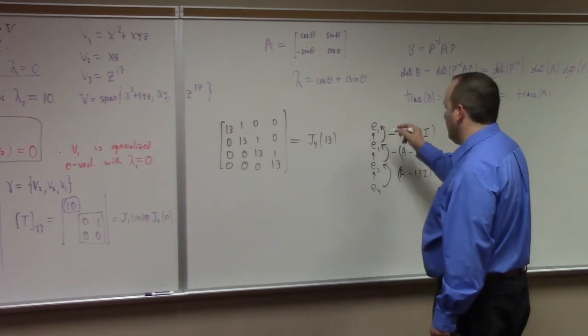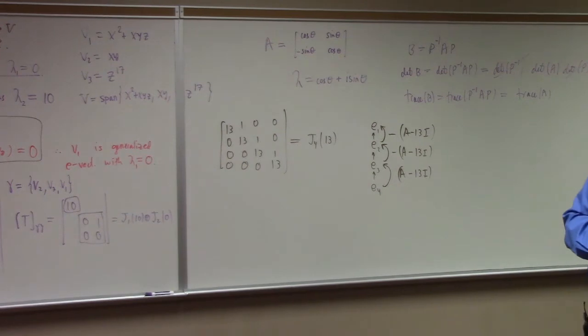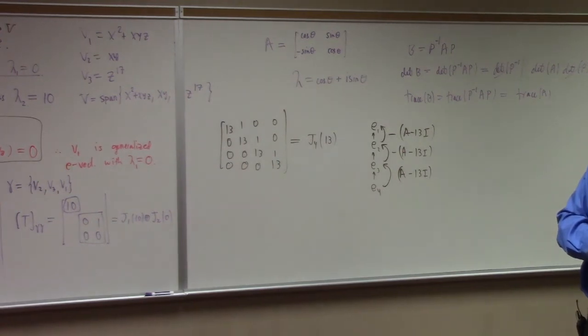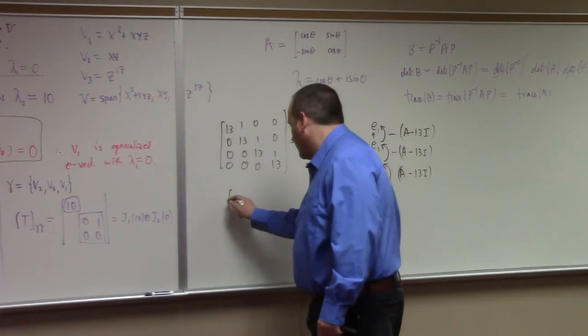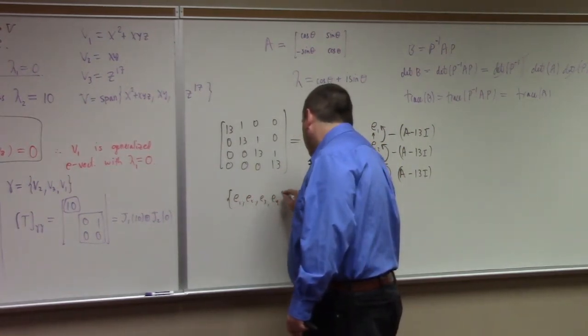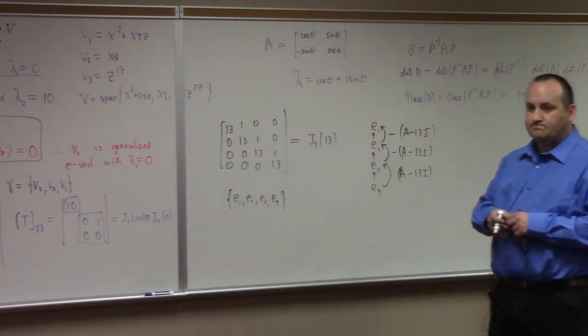And what happens when you multiply E1 by A minus 13I? Well, E1's an eigenvector, so A minus 13I times E1 just gives you 0. But yeah, the standard basis here, E1, E2, E3, E4, is the Jordan basis for this matrix here, J4, 13.